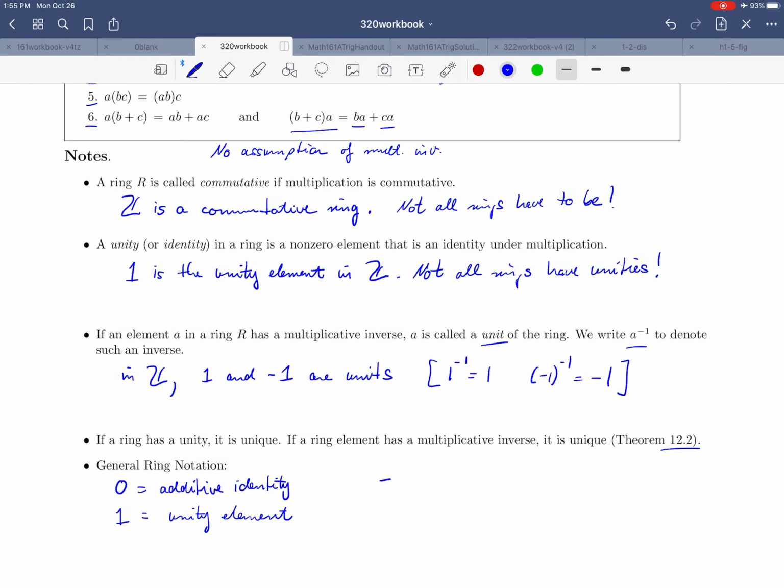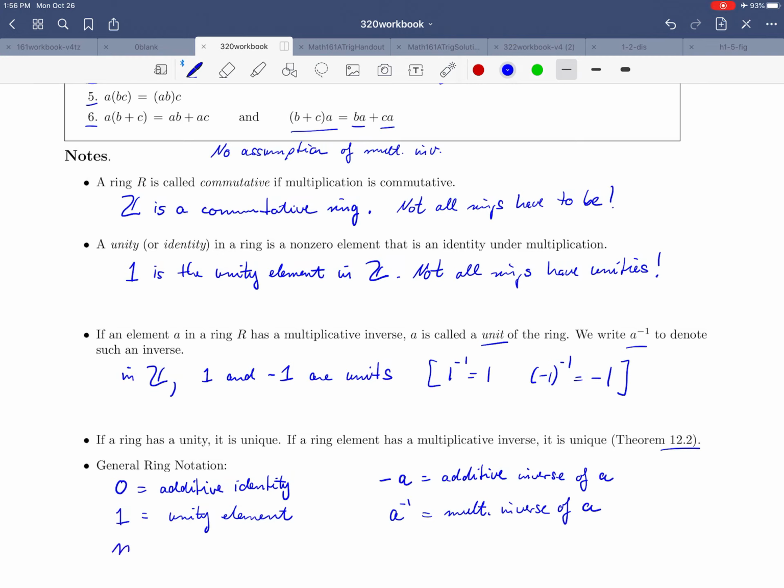We are going to use minus a to denote additive inverses, so minus a is the additive inverse of a, and then a to the negative 1 is the multiplicative inverse of a.